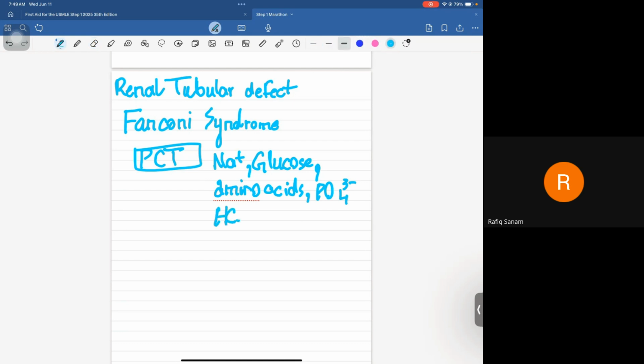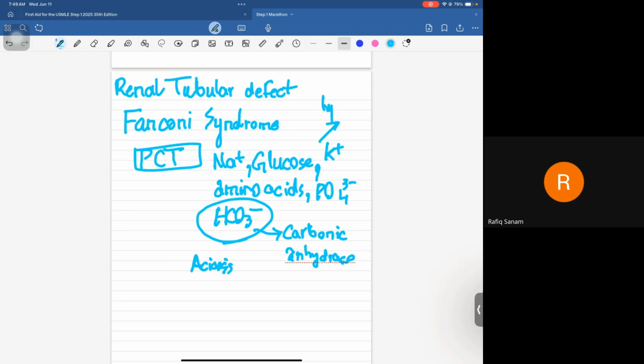And bicarbonate as well. We were absorbing bicarbonate with the help of carbonic anhydrase there. So all of these things are not going to get absorbed. And what is going to happen then? In Fanconi syndrome, since bicarbonate is going to get lost, there is going to be acidosis. Potassium was being absorbed here, like you told me. So when potassium is not absorbed, you are going to get hypokalemia.